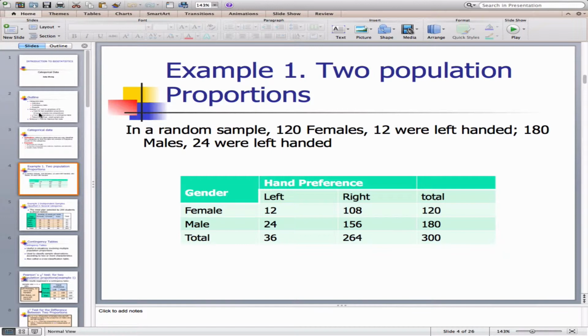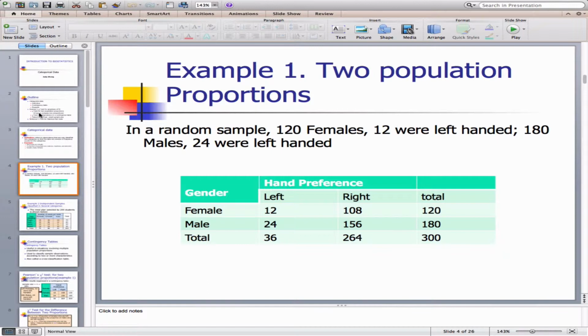So this example gives you a typical setup of what we call a contingency table. Suppose we have a random sample, and in this random sample, we care about 2 things. One is their gender, and the other is their hand preference. So we care about whether it's a female or a male, and whether they prefer to use the left hand or the right hand.